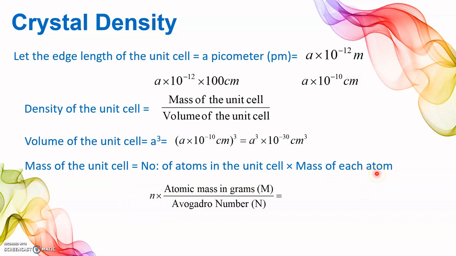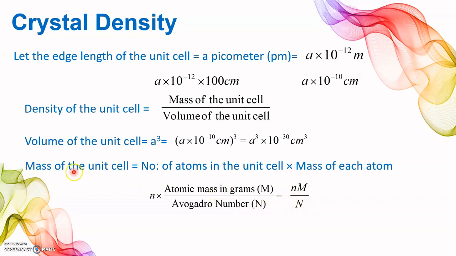Mass of each atom in the unit cell can be calculated by atomic mass in grams divided by Avogadro number. Let's represent the atomic mass with capital letter M and Avogadro number by capital N. So the mass of the unit cell is equal to nM divided by N.